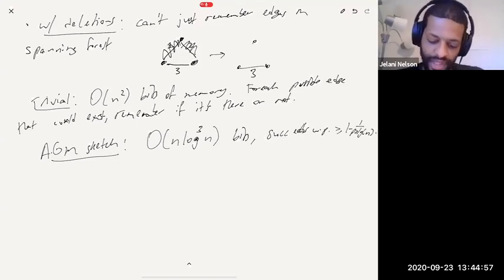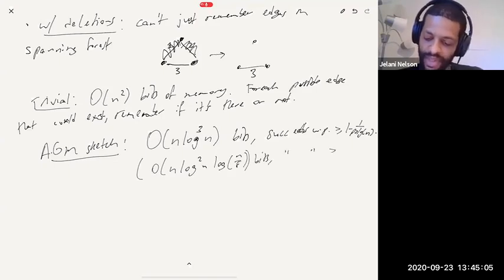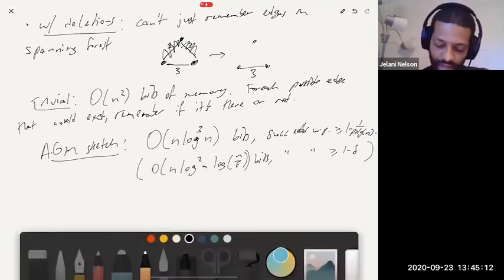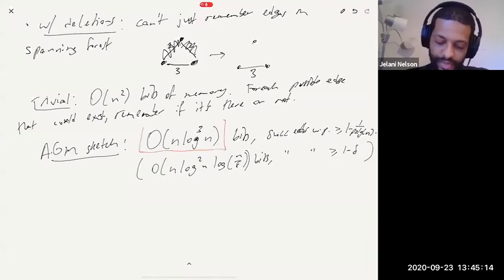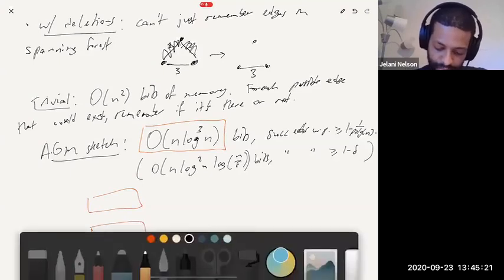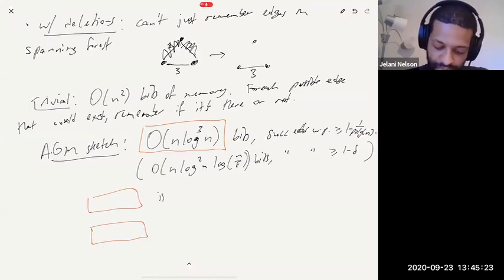More specifically, it uses O of n log squared n log of n over delta bits and succeeds with probability at least 1 minus delta. And interestingly, we know that this n log cubed n bound is actually optimal for dynamic spanning forest.